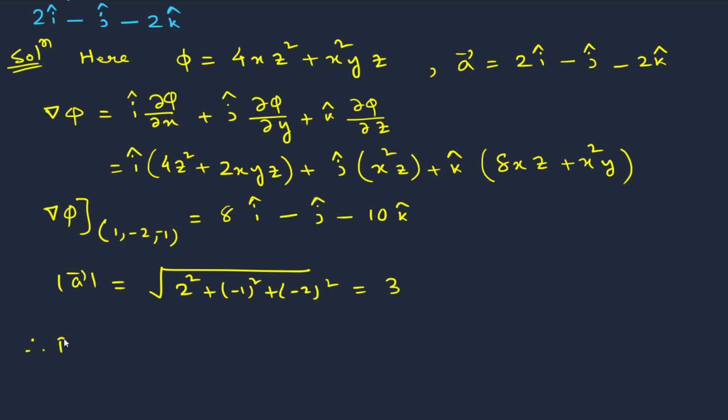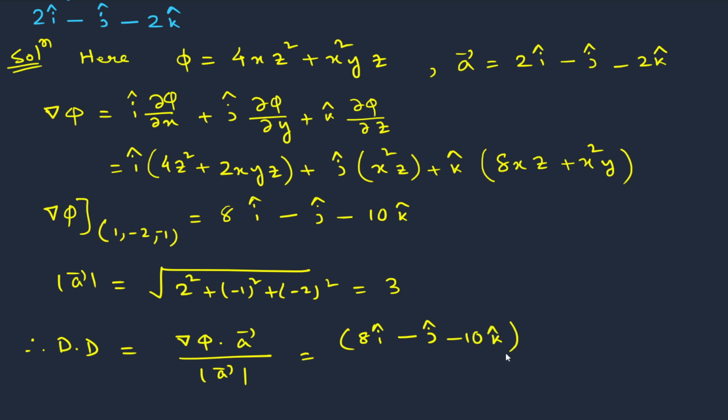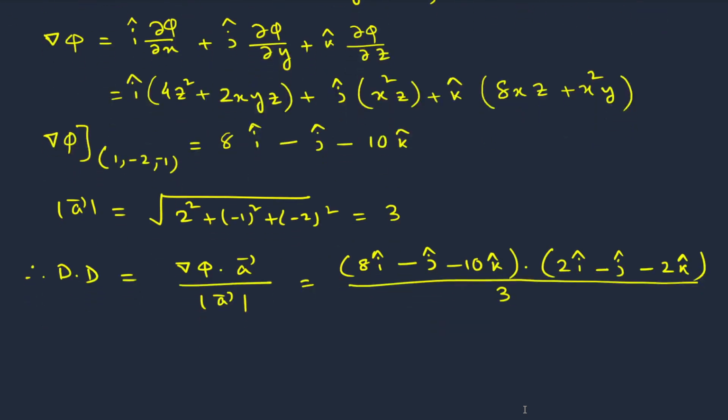Therefore the required directional derivative, by the formula gradient of phi dot a bar divided by the magnitude of a bar, is 8i cap minus j cap minus 10k cap dot 2i cap minus j cap minus 2k cap, whole thing divided by 3. You have to calculate it. So what will be the value?